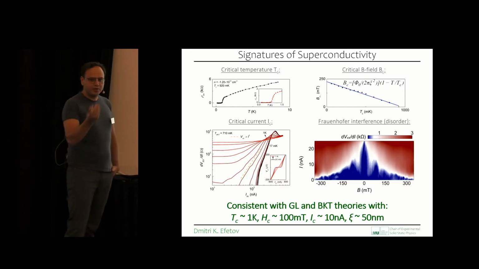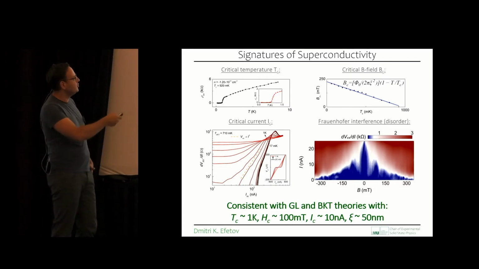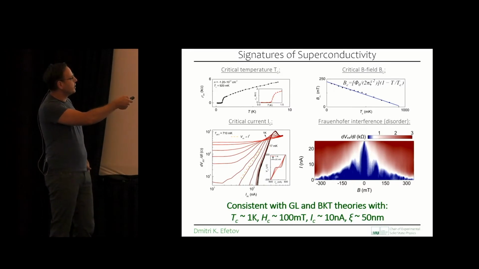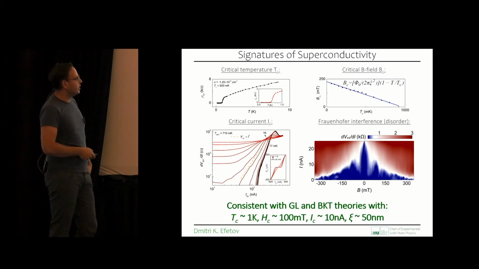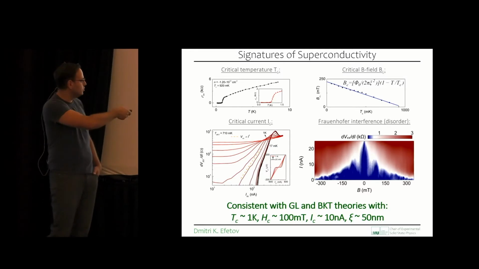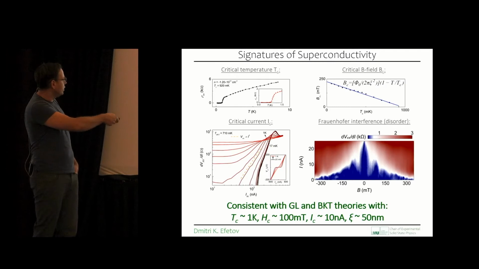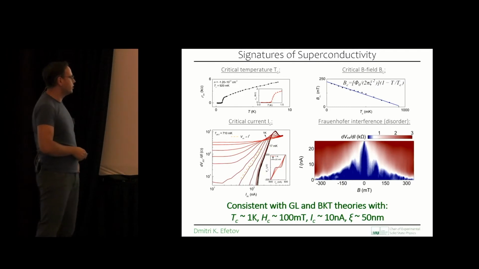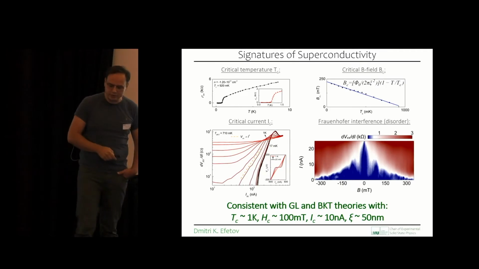We can apply a perpendicular magnetic field, kill the superconductivity, and extract the critical magnetic field. From the critical magnetic field behavior, we can extract the coherence length, which is on the order of 50 nanometers. We can do nonlinear conductance measurements to get critical currents out, etc.